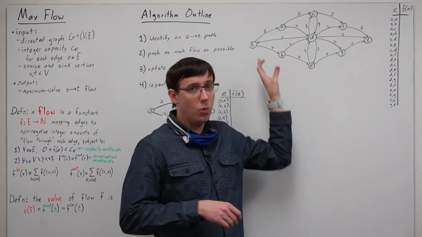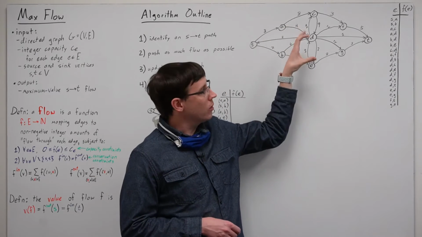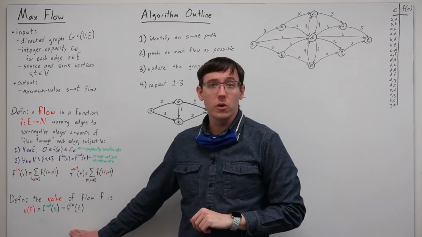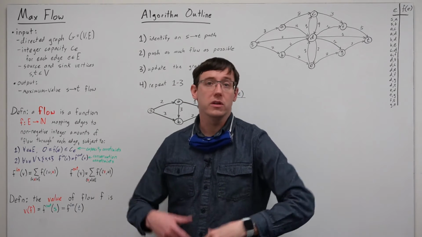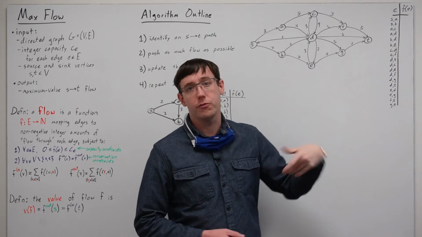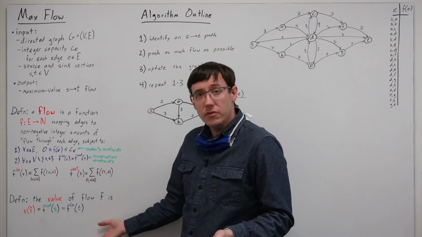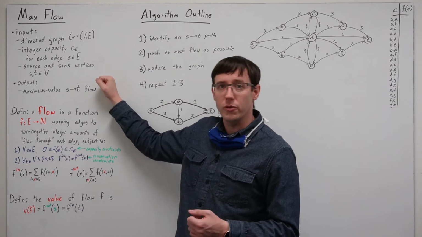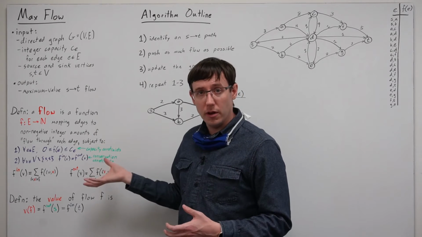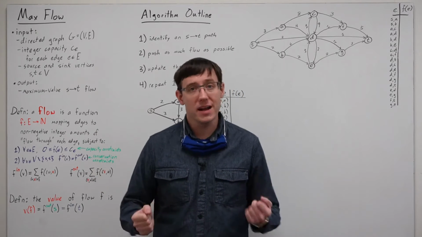And so whatever flow comes out of the source must go into the sink, and so these two must be equal, and we can use either of them to define the total amount of flow from the source to the sink. Given all of this, our output for the max flow problem is a valid flow with the maximum possible value.